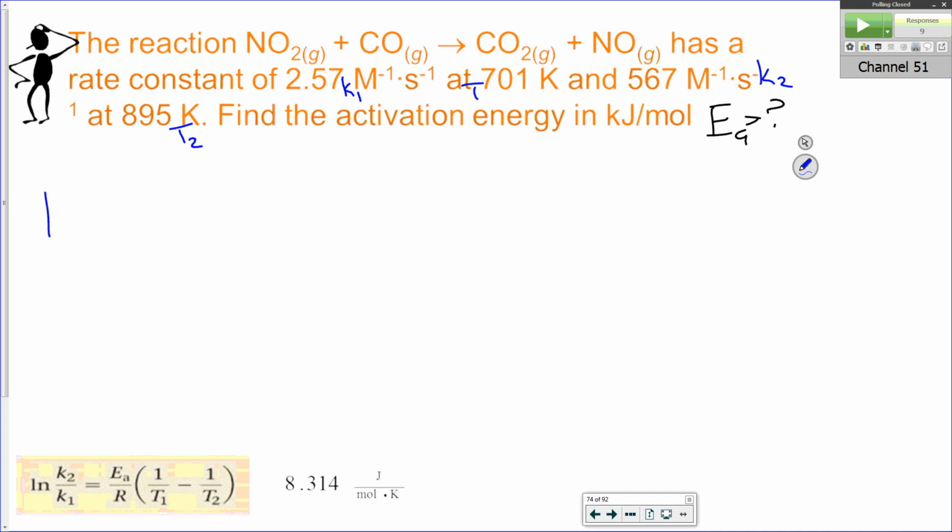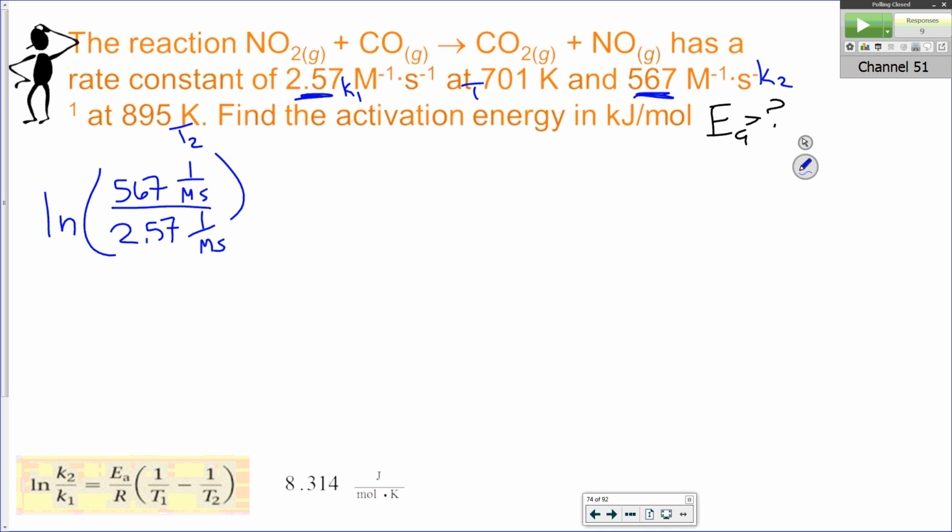It says the natural log of K2, which is 567 molar over seconds, divided by K1, which is 2.57 inverse molar over seconds. So now when we put those numbers side by side, I can realize this change in temperature, it changed almost 200 degrees, and this rate is cruising faster.